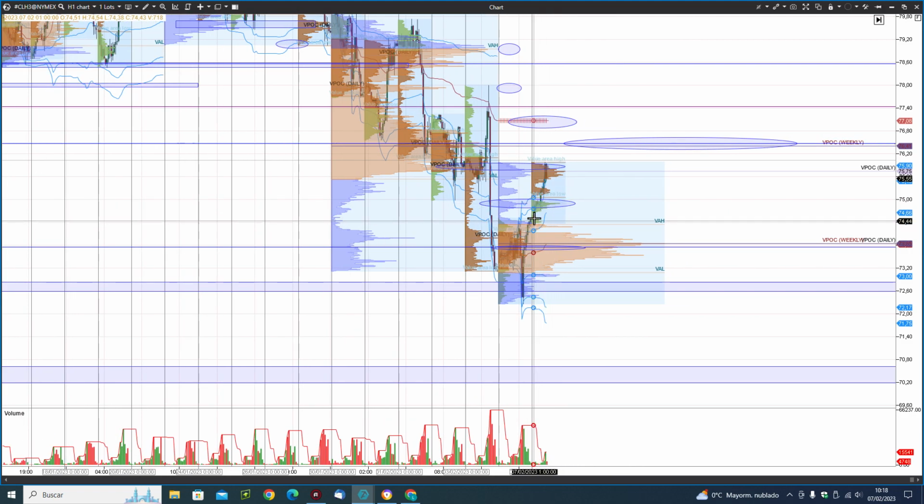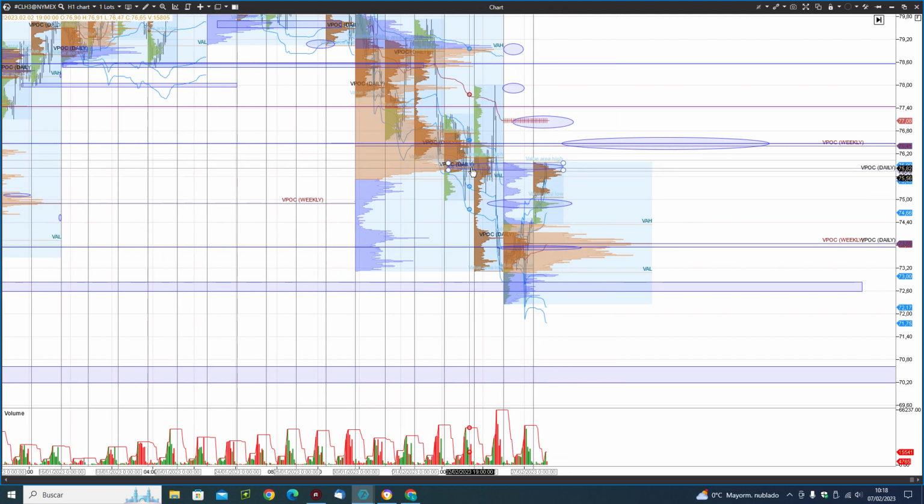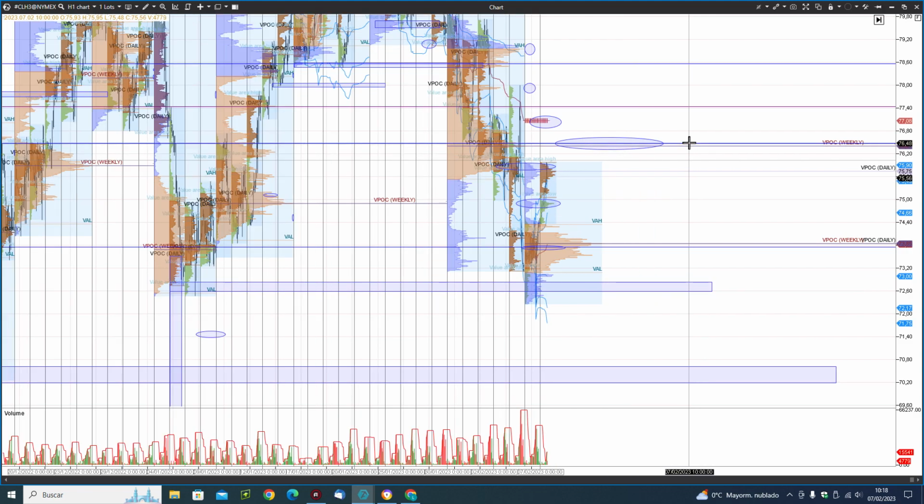It touched, it went through this point and went directly to this daily VPOC. Next higher target will be this weekly naked VPOC at 76 and 42.